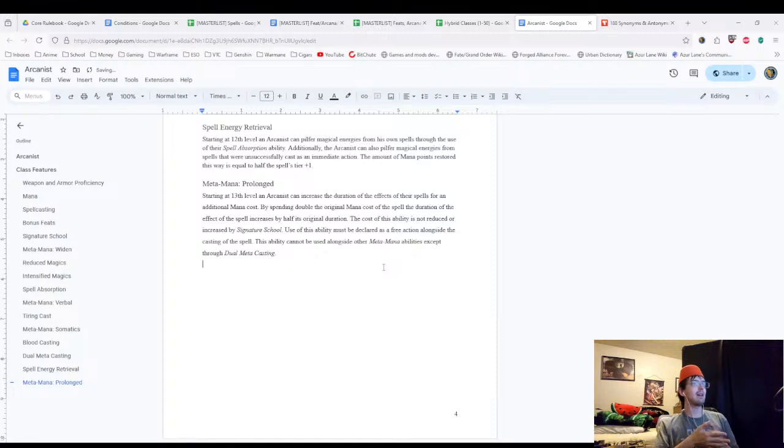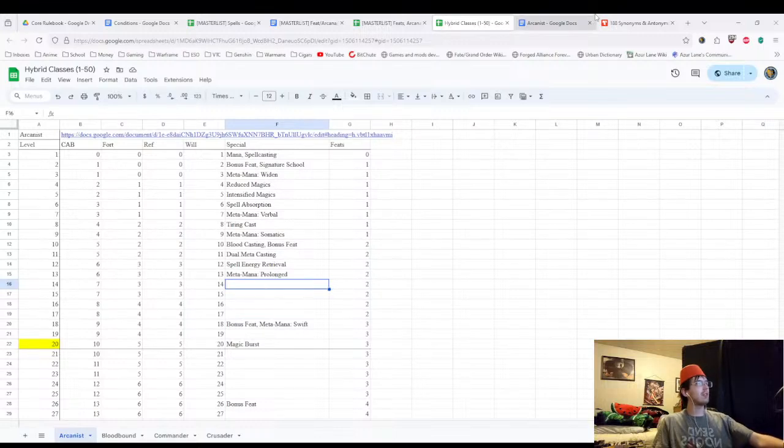Now that you have dual meta casting, you can use it together with something else. Extend the duration. So there's that. Meta mana prolong. Level 14. See, level 15 was going to be another special thing.